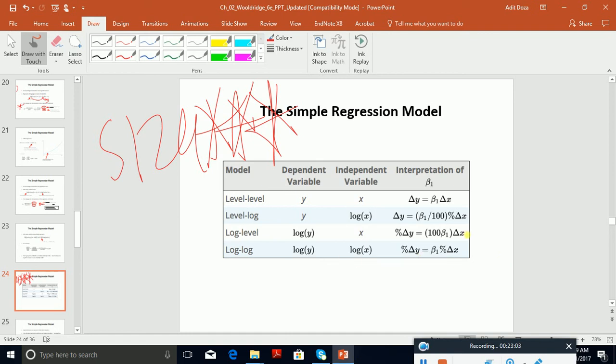It will be easier then to answer a question like what if the dependent variable is in log form and the other one is just in linear form. So how do you interpret the beta 1 coefficient? Then you can say that it's a change. We have to do change in y with change in x, and eventually it will come to this, the log level. Okay.